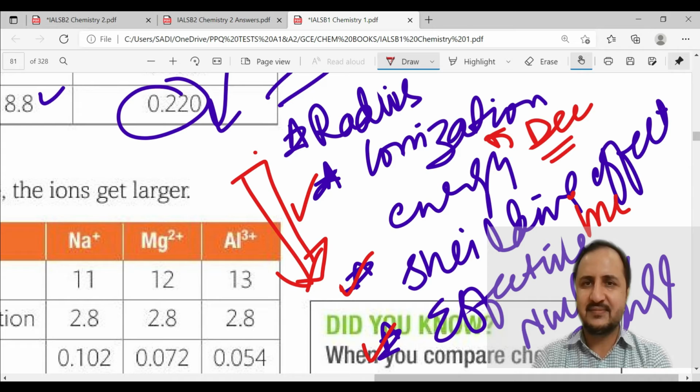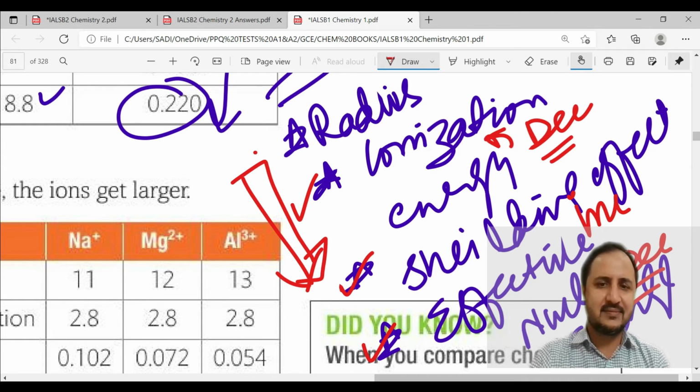Effective nuclear charge is the third point. What is happening to the effective nuclear charge? Effective nuclear charge decreases down the group, whichever group you're talking about. And why is it decreasing? Because the nucleus is crowded by so many electrons that its effect is not reaching properly to the outer electron.